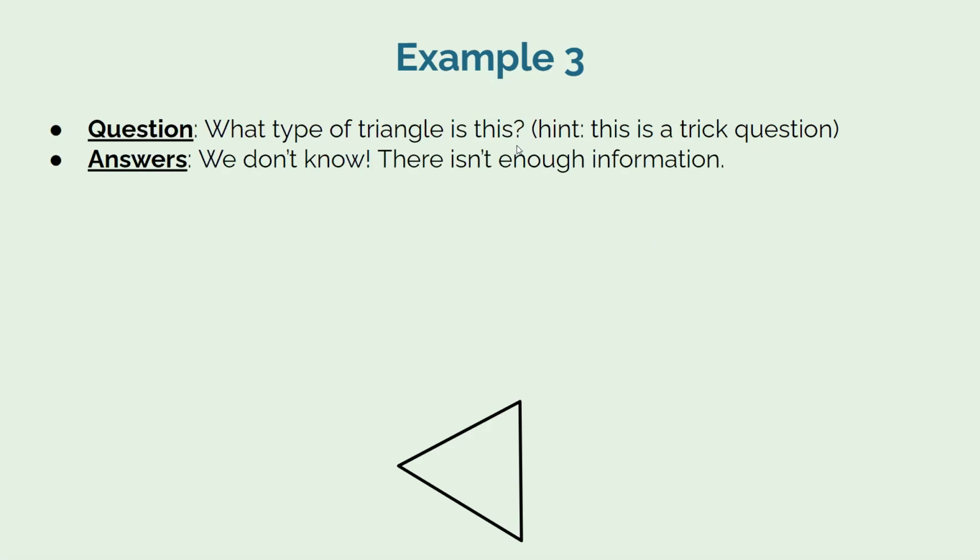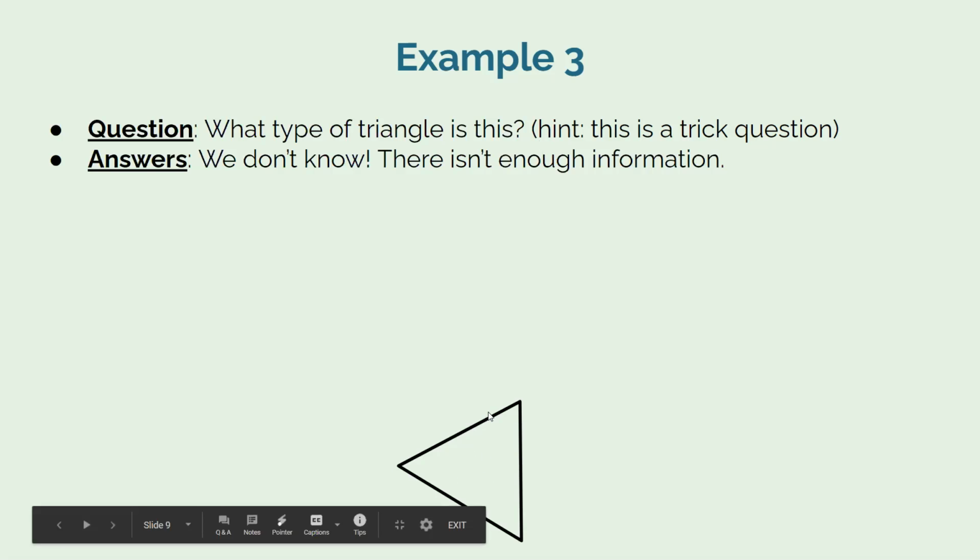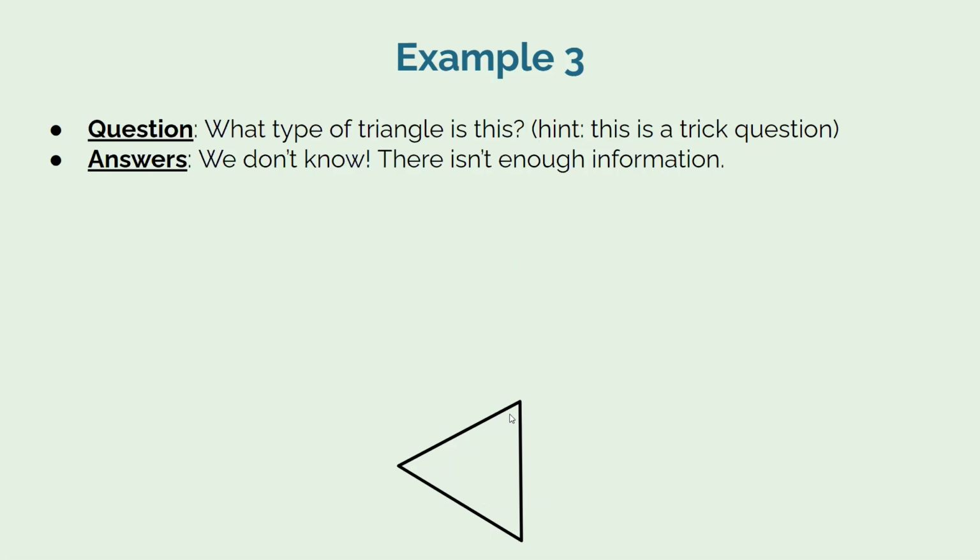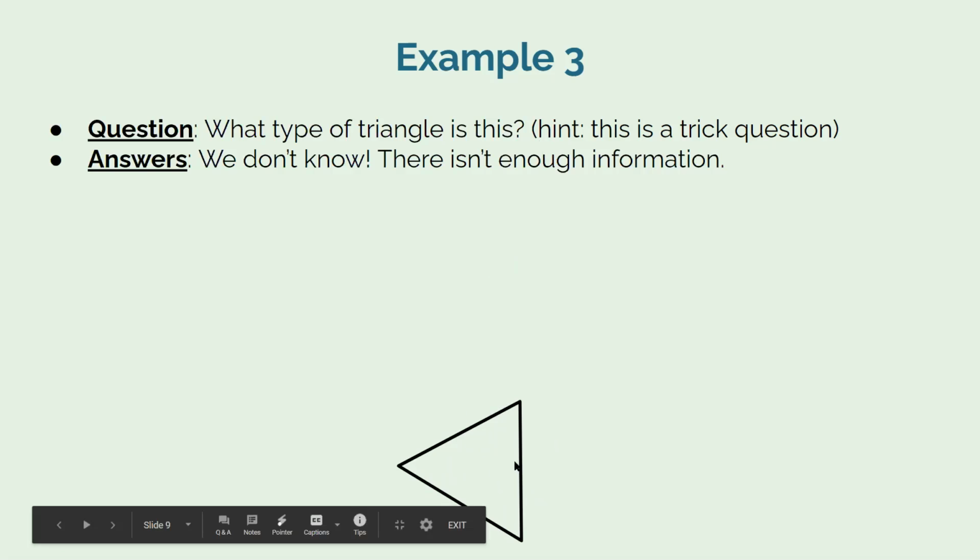What to scale means is that you can just look at the image and tell what it is, but it doesn't say that it is to scale, which means that although it kind of looks like it's equilateral, you don't really know for sure. And although it looks like it's acute, you can't really say for sure, because there are no angle marks or tick marks telling you which sides or angles are equal.